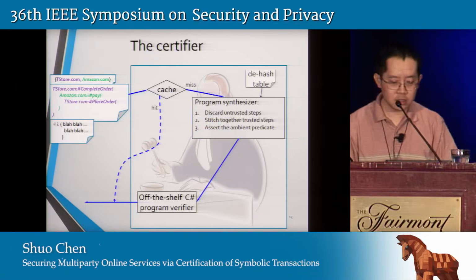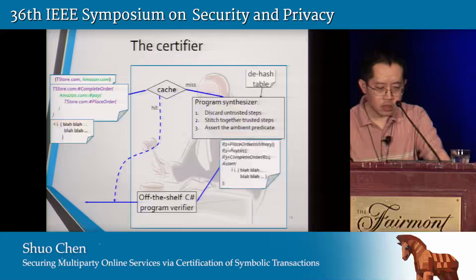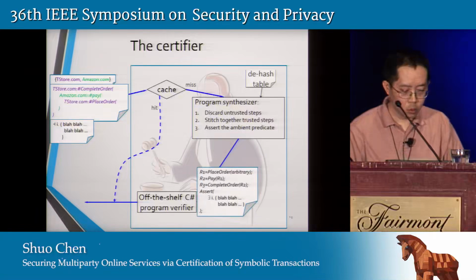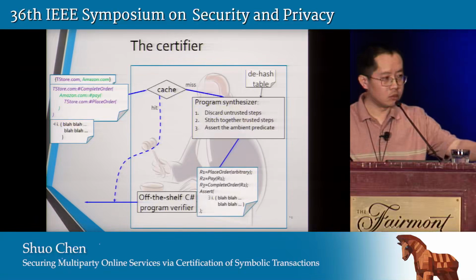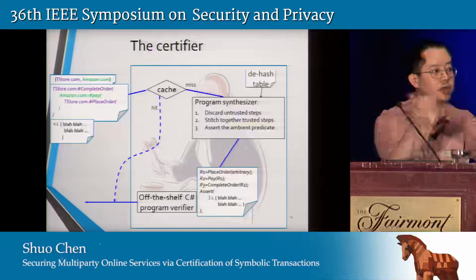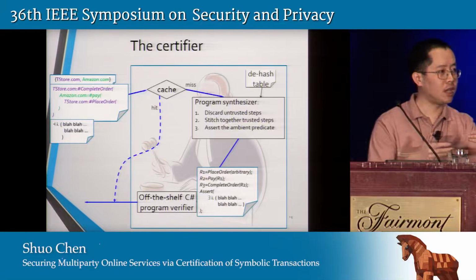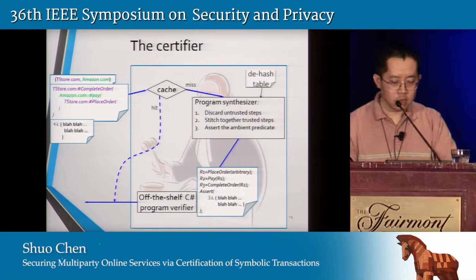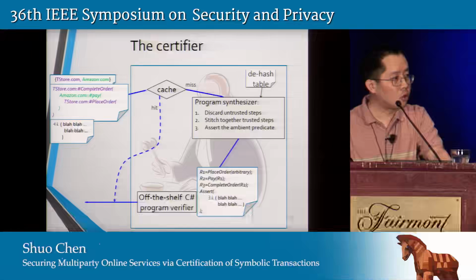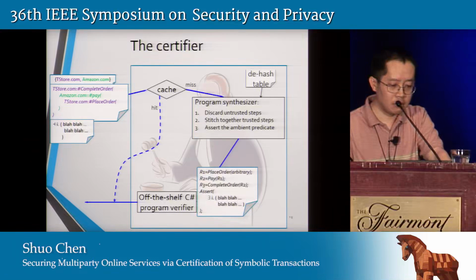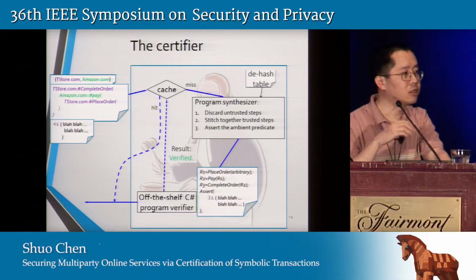In this case, the synthesizer just stitches together these 3 method calls and then puts an assert at the end of the program. These 3 method calls are sufficient to ensure the ambient predicate. That's why this verification is successful.